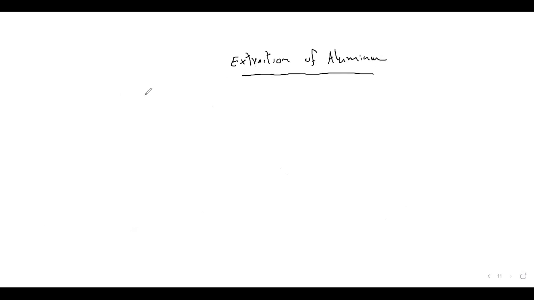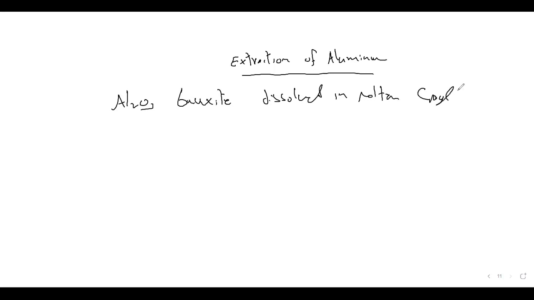Extraction of aluminium: we have aluminium oxide, which is called bauxite, dissolved in molten cryolite. Why? To decrease the melting point of the mixture and increase conductivity.